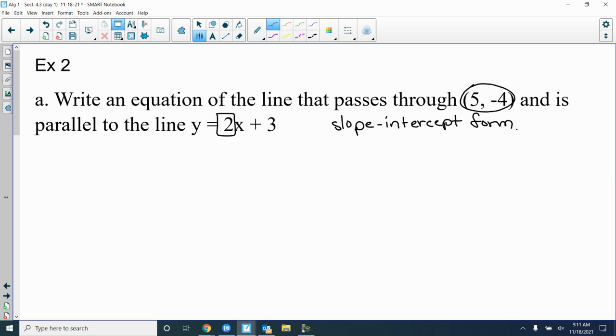Point slope form. Put it in point slope form, and then you put it in slope intercept form. Okay, now, awesome. Distribute.